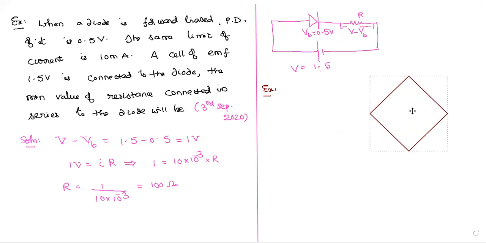He gave, for this Wheatstone bridge, in the middle he connected something. Here he connected one diode. This is the diode he connected here.